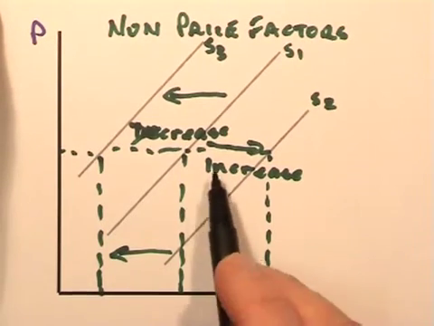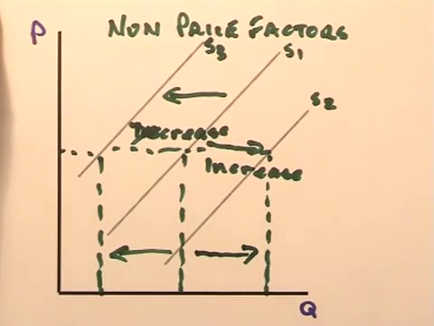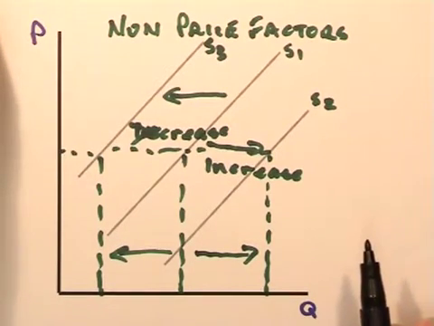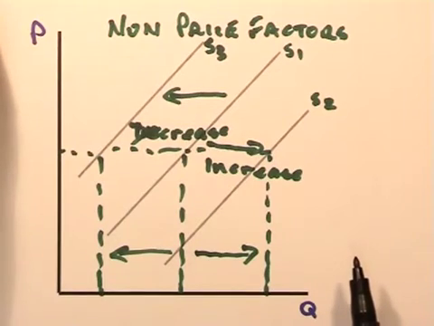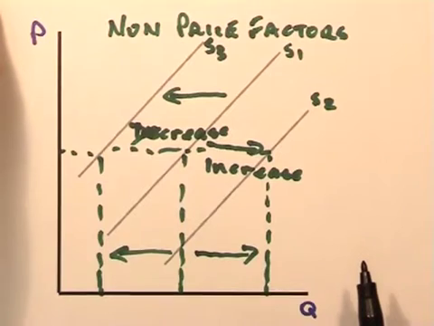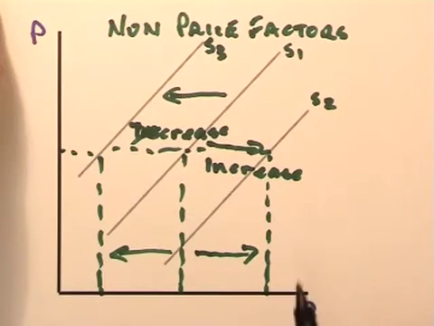And on the other side of it, if there was an increase for some reason, then you would see the increase occur in this direction out to supply curve 2. The non-price factors, if you remember, are things like the availability of imports, consumer sentiment, investor sentiment, and there were a number of others that you should have gone through, and those are the conditions that we apply to this particular area.